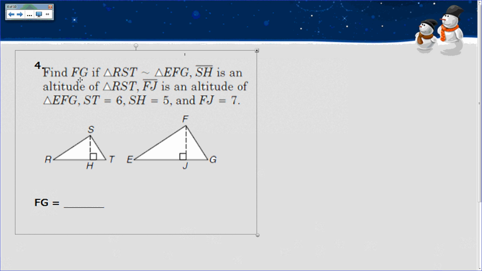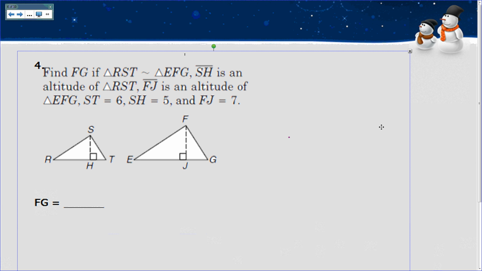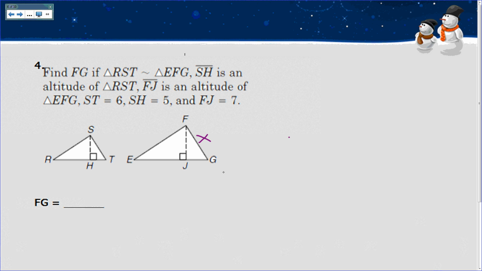All right, so let's look at this. Find FG. Well, if they're wanting me to find FG, and this is FG over here, then I'm going to say FG is my x, because it said to find FG. And it says they are similar. So SH is the altitude, and FJ is the altitude, so that means they're similar.